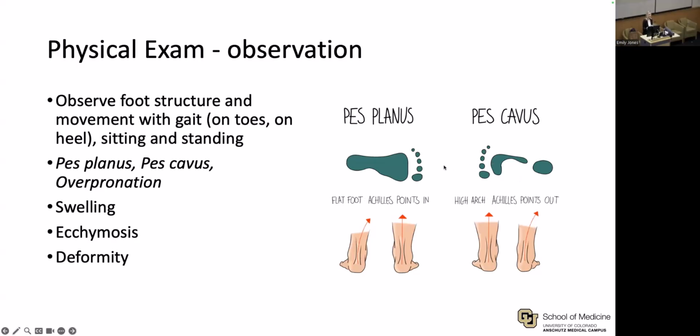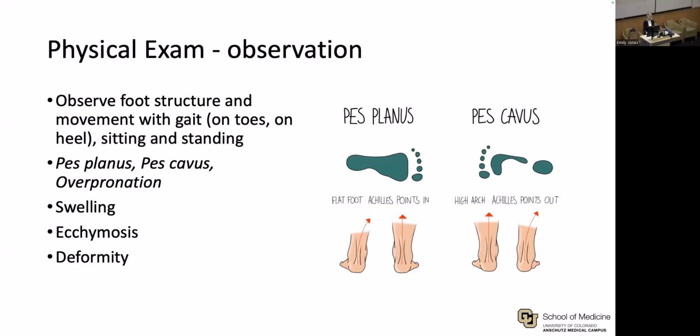And so that can help as you make the diagnosis. It can help you make some recommendations on altering or adjusting some of their biomechanics to help either prevent future injury or improve their current symptoms. So the other things you're going to be looking for, of course, swelling, bruising, any gross deformity. Not too many people come into the office with bones sticking out, but you'll be looking for that.